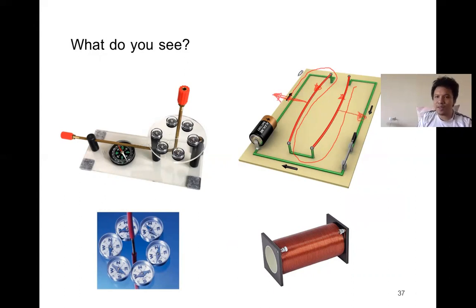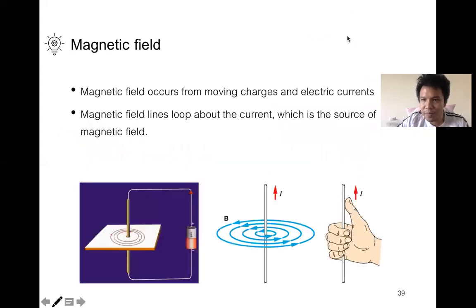But if you give the current of two wires in the same direction, they tend to have a force that attracts the two wires together. So this is the effect of the magnetic field.